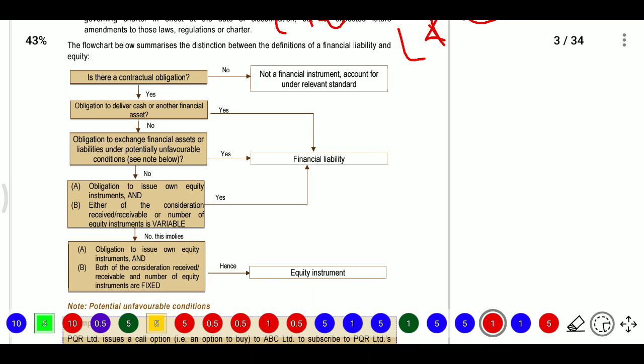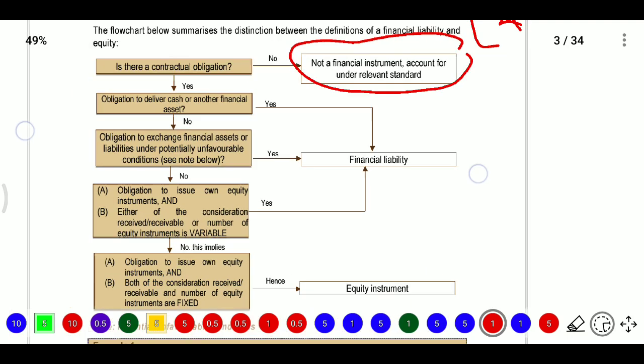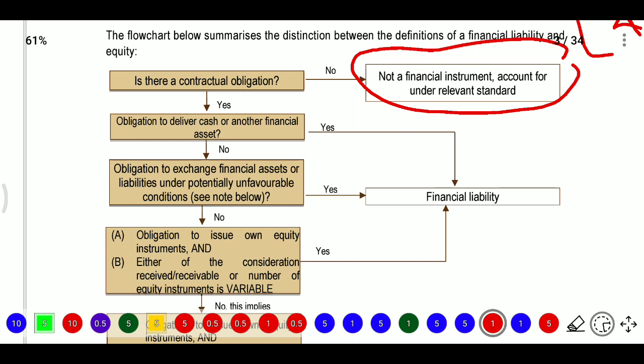First is the contractual obligation. If there is no contractual obligation, it is not a financial instrument, so account for it under the relevant standard. So we must have a contractual obligation. Then the obligation may be payable in cash or another financial asset; if so, it will become a financial liability.